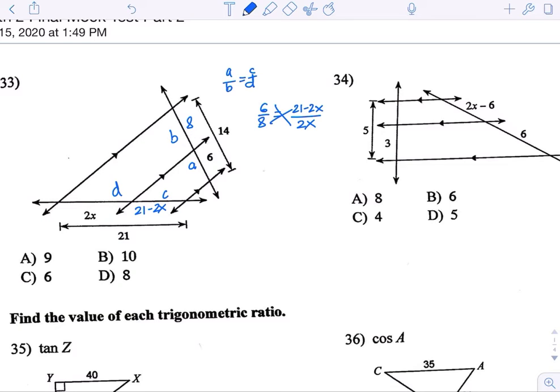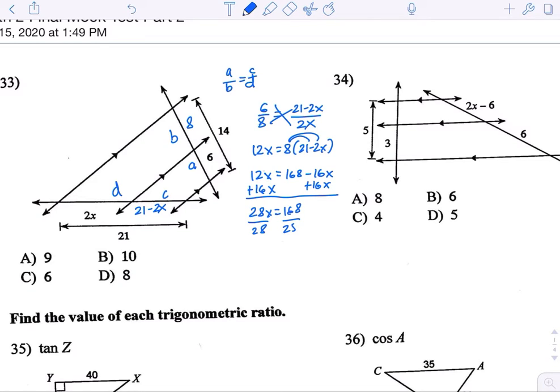And then from there, you guys just cross multiply. So 6 times 2x is 12x, which is equal to 8 times 21 minus 2x. Distribute to both. So we're going to get 12x is equal to 8 times 21 is 168 minus 8 times negative 2x, negative 16x. Let's add 16x to both sides so we get the variables on one side. So 28x is equal to 168.